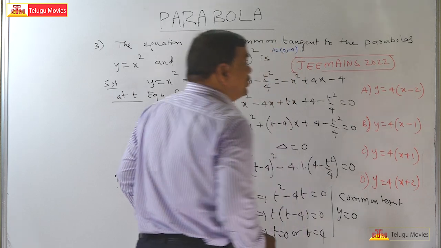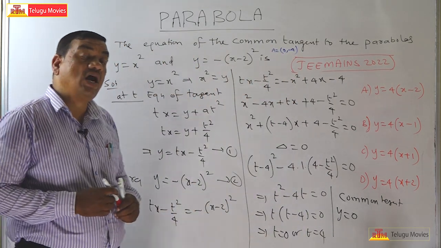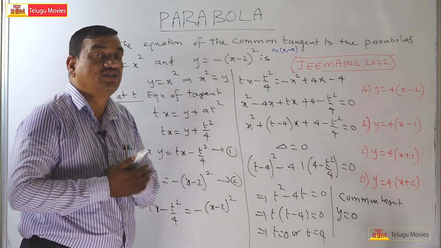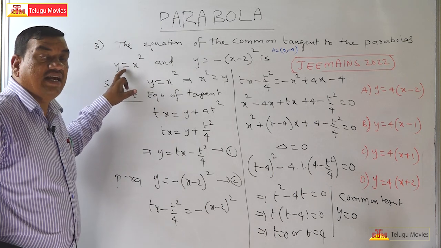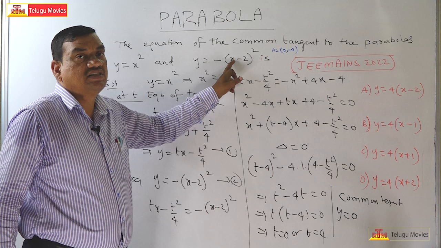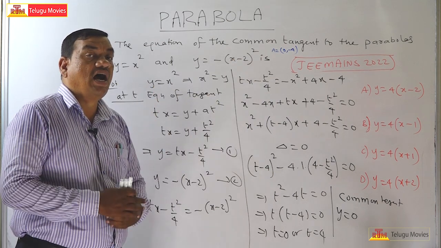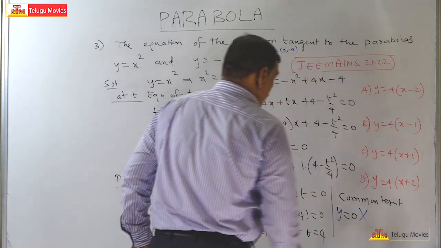Y is equal to 0 means what? The x-axis. So here the x-axis cannot be the common tangent for both the parabolas. Why? Because the x-axis can be the tangent for this parabola, but it cannot be the tangent for the second parabola. See the diagram, it is under the x-axis. Therefore, this y is equal to 0 fails.